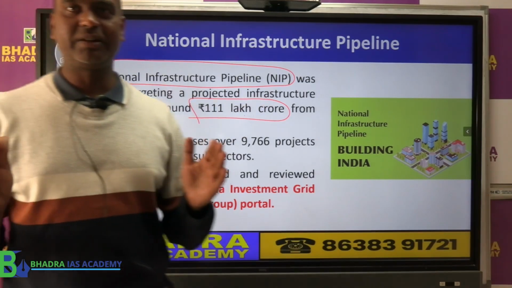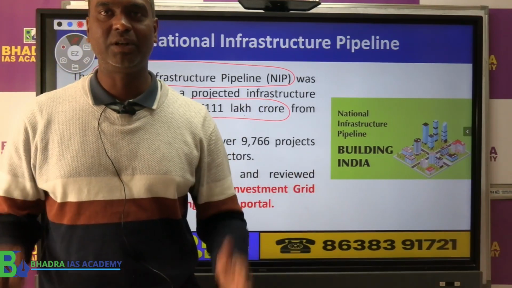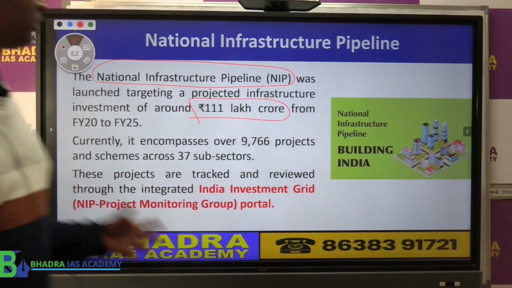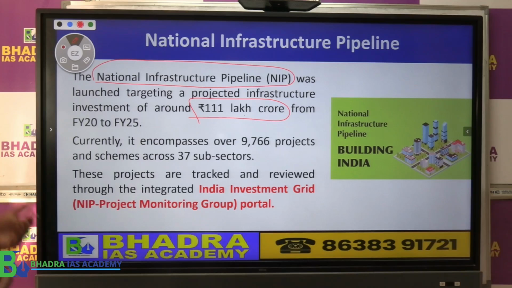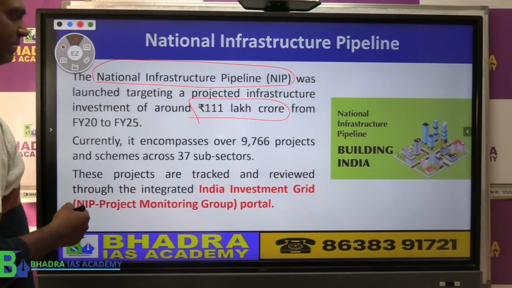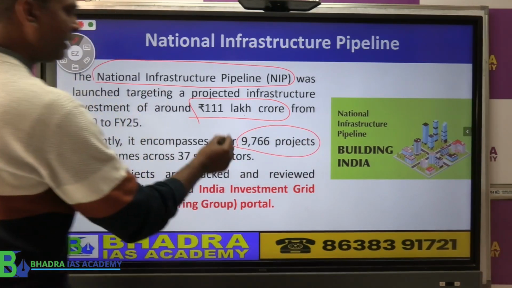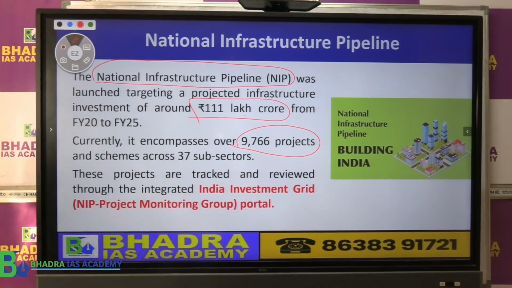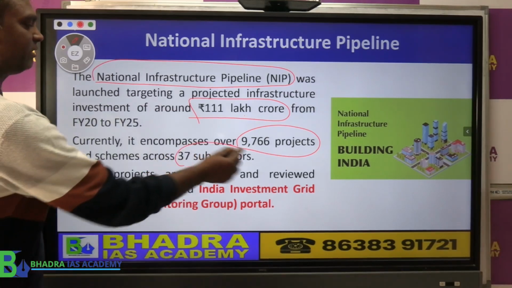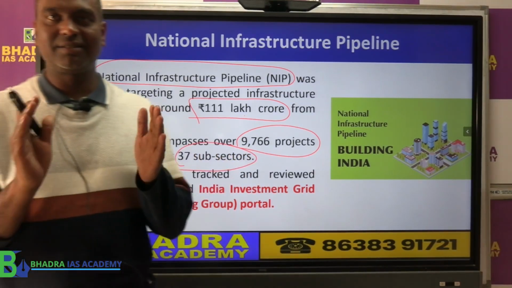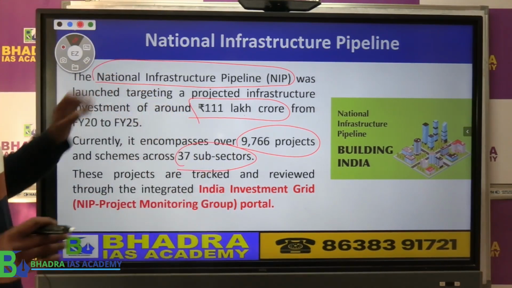It's a massive investment the government wanted to make. Later on, the government came out with the Pradhan Mantri Gati Shakti Yojana, etc. Now, what is the update given by the government? Currently, this particular scheme has more than 9,766 projects and schemes running across around 37 various sectors which are covered in the project.